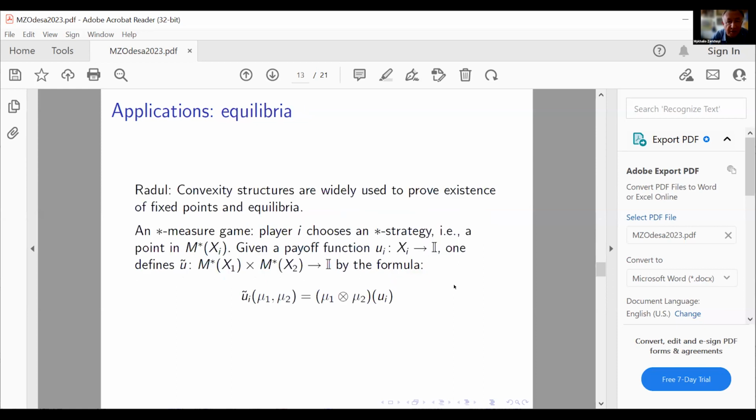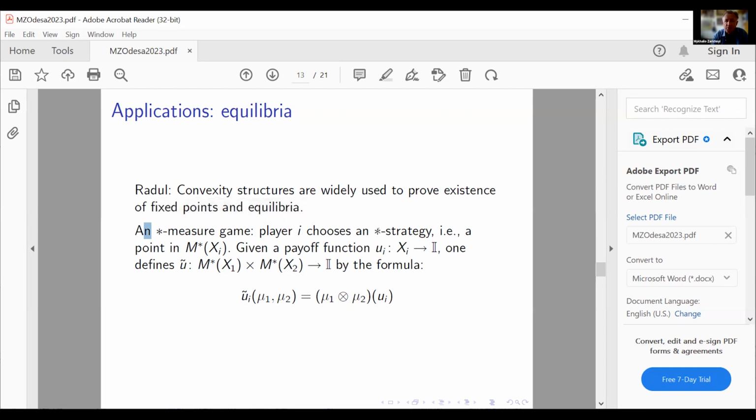Another application is to the equilibrium theory in game theory or mathematical economics. Also, I would like to mention a phrase from Radul's paper that the convexity structures are widely used to prove existence of fixed points in equilibria. Let's consider a star measure game. This is the following game.